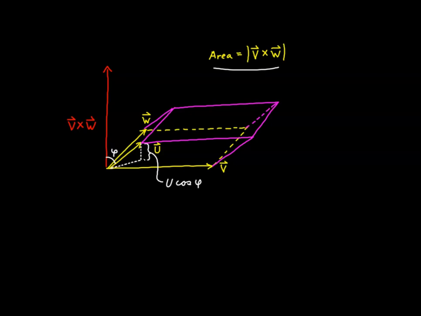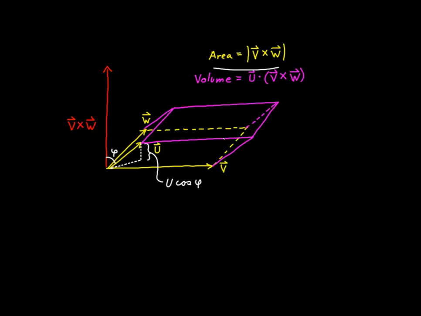Well, this height is u cosine of phi, and u cosine of phi times the magnitude of v cross w over here is nothing but the dot product of vector u with the cross product. In other words, this relationship holds true.